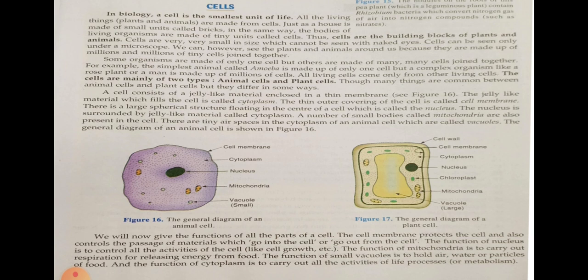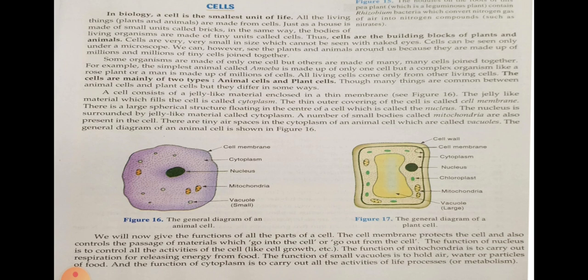Just as a house is made of small units called bricks, in the same way the bodies of living organisms are made of tiny units called cells. Cells are the building blocks of plants and animals. Cells are very small in size and cannot be seen with naked eyes. With the help of a microscope we are able to see cells.